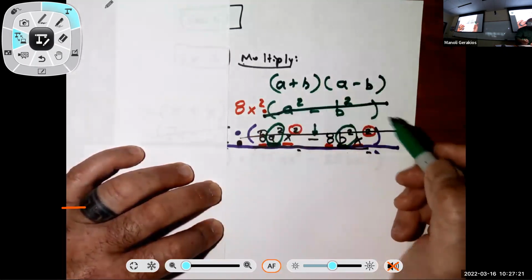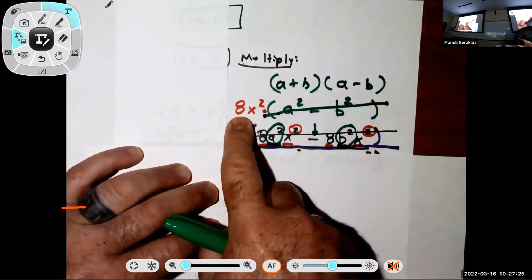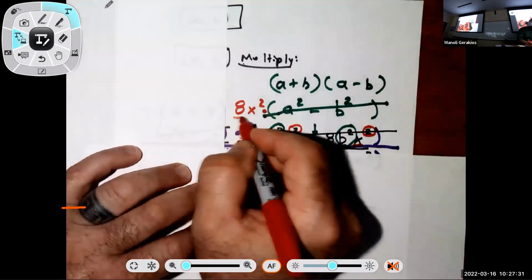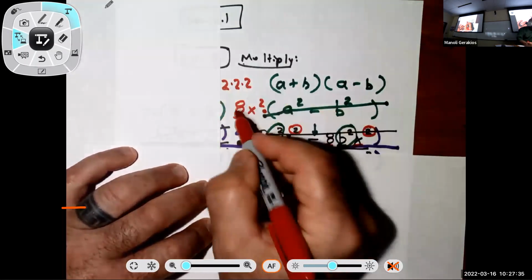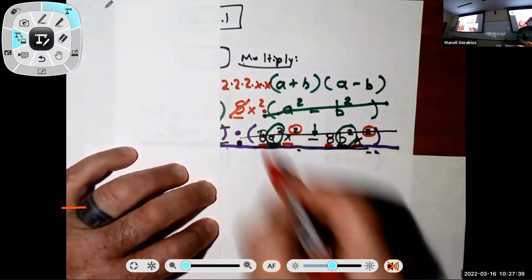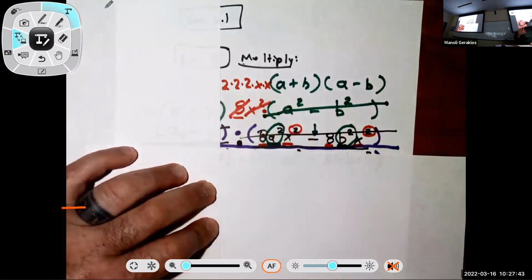The other thing you can do, factor completely means, couldn't I break that 8 down to 2 times 2 times 2? If you want to do that, you can. Take this 8 and replace it with 2 times 2 times 2. What about the x squared? X times x. That's factoring completely, if it helps you.